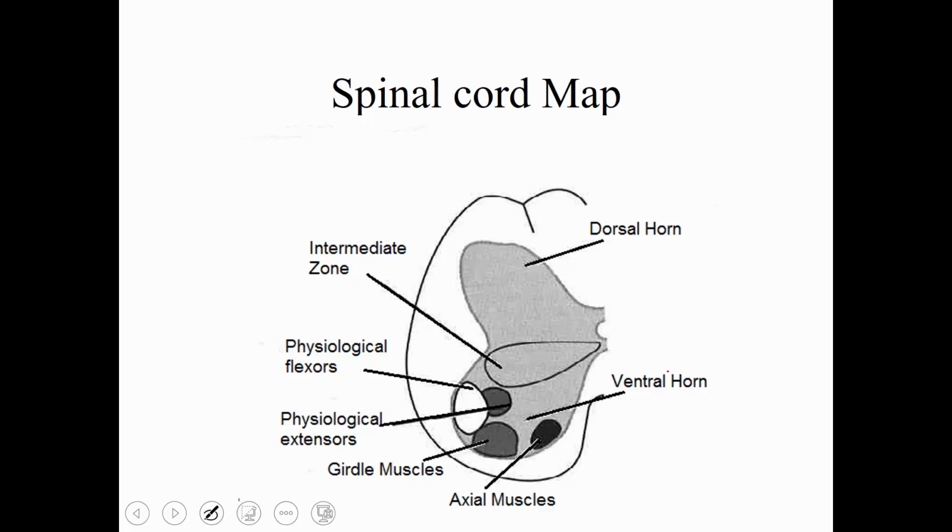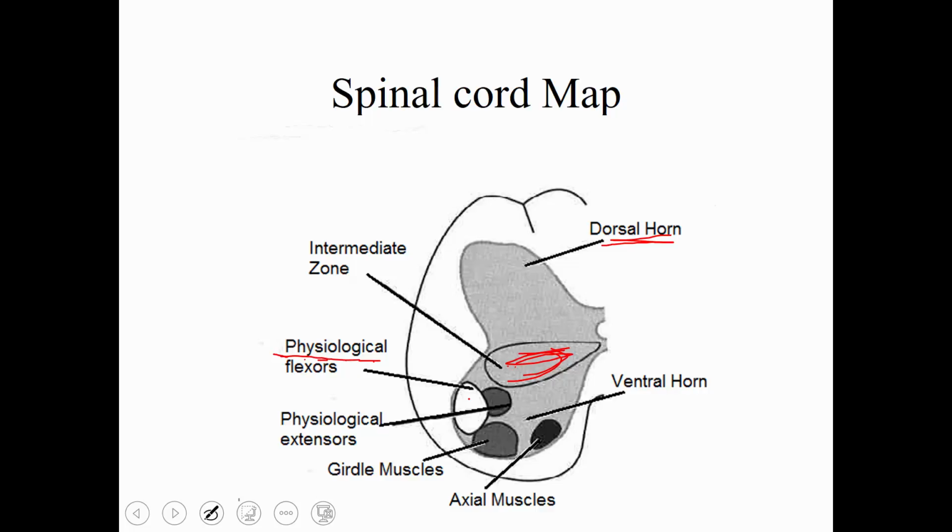So here's the map in your spinal cord. So you have a dorsal horn. Remember, that's the sensory stuff. We've talked about that. There's kind of an intermediate zone with a lot of interneurons, but there's a map in your spinal cord. So the distal muscles that are doing flexion are in this area.